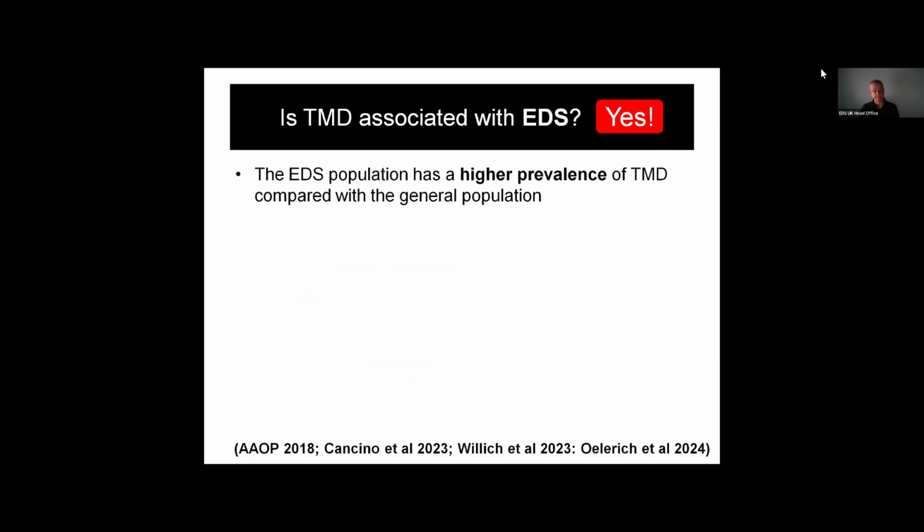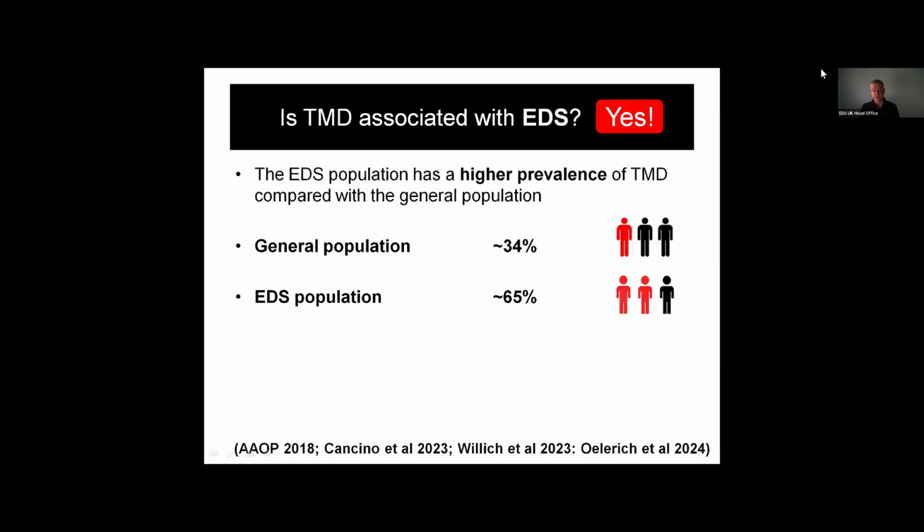Is TMD associated with EDS? Well, the answer to this appears to be yes. The EDS population has a higher prevalence of TMD compared to the general population. So earlier we said in the general population we would expect about 1 in 3 people to have experienced TMD.